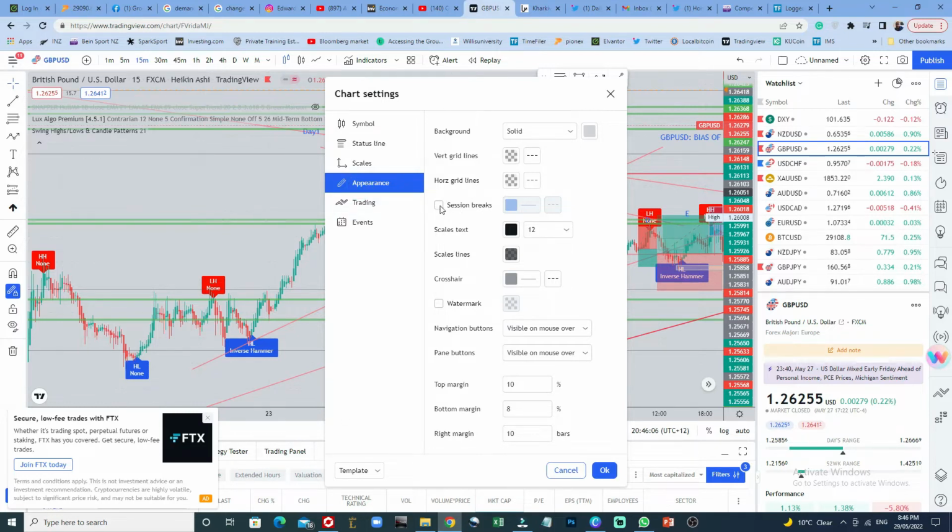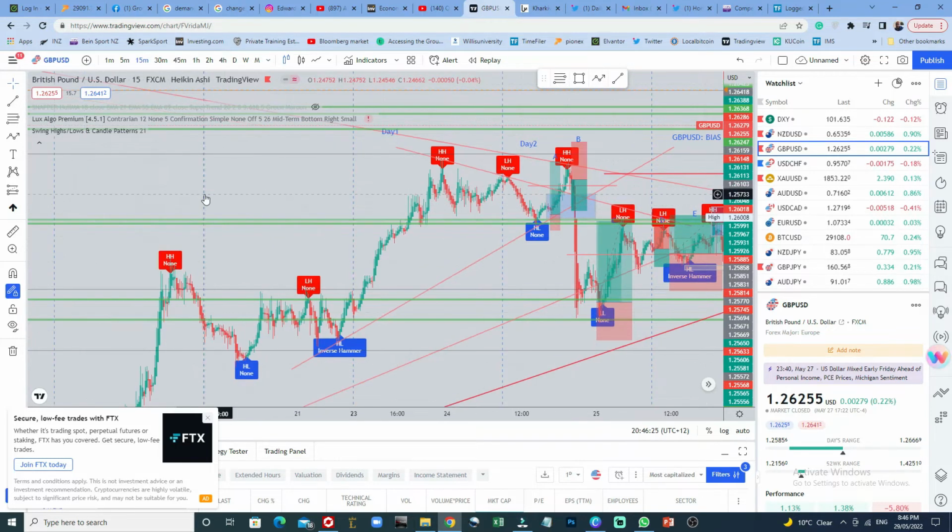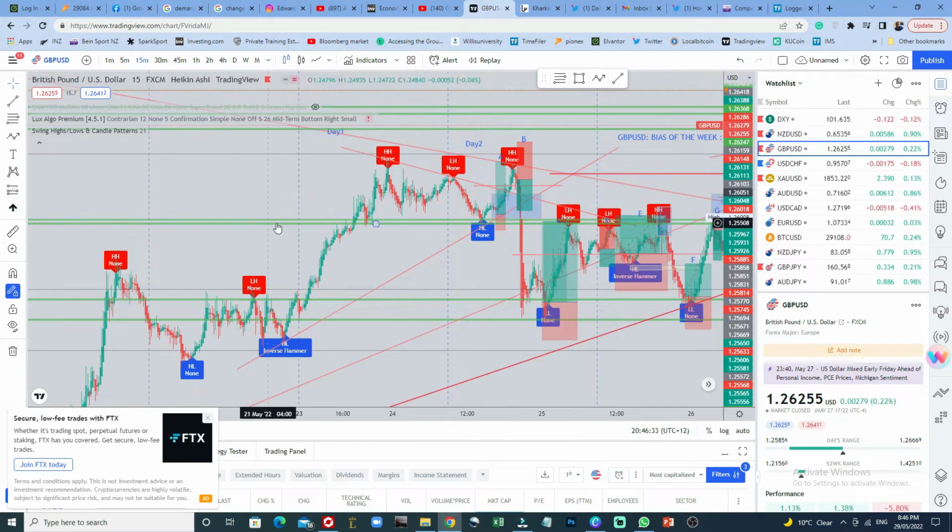When you click it, on the 4 hours time frame the chart will be divided into different sections with broken vertical lines. These divisions identify that from this point to this point is a day, another day, another day. If you count 5 working days, that's Monday to Friday, the trading days for forex.